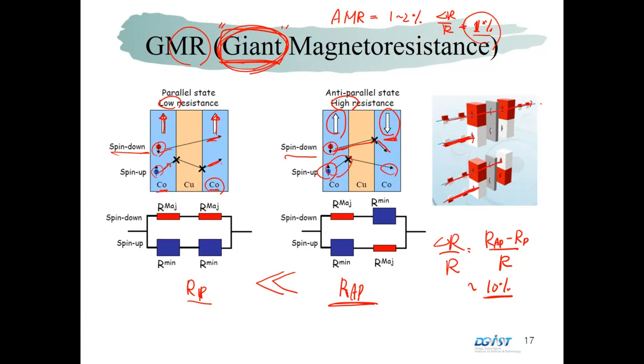So in this case, we have a finite current, but this is zero current. So in this case, this is conduction, this is insulator. It's two extreme cases, but the real sample does not have such 100% MR, but we have a large MR. You can understand the observed GMR by this simple model.